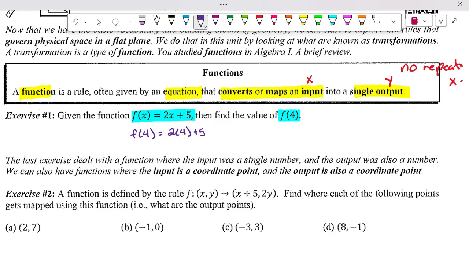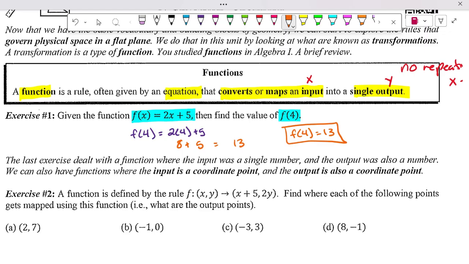Go ahead and do your PEMDAS. All right, what did you get? 13. So f of 4 is equal to 13.